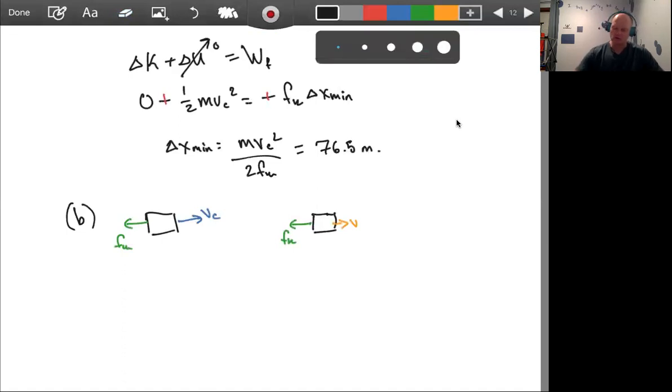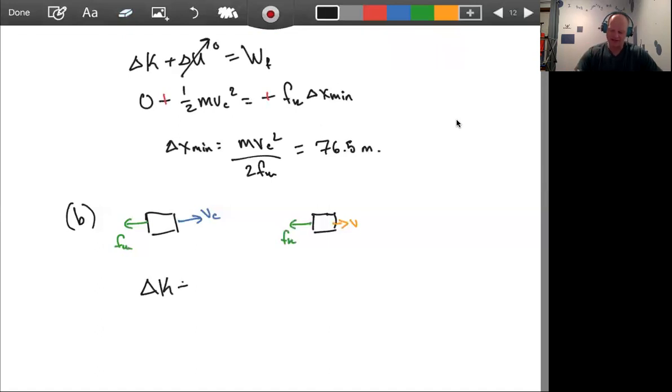Good. So the only thing that's going to be different now, if I go back to my conservation of energy, is that my final velocity will no longer be 0. It's just going to be non-zero, which means my final kinetic energy is not going to be 0. But everything we did up to that point is still exactly the same. So let's do all the same stuff again. We have our change of kinetic energy plus our change of potential energy, where again we have no potential energy, is again equal to the work done by the friction force.